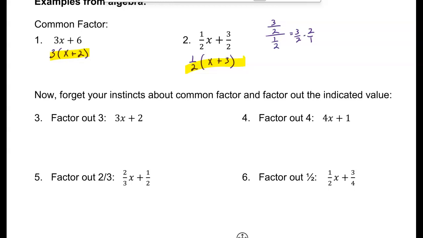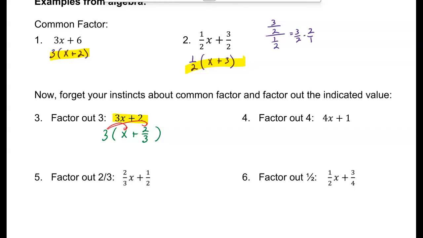What if, out of this algebraic expression of 3x plus 2, I factor out a 3? What would I have left in my quantity? X plus what? How do I know if I'm right? Can't we just distribute it real quick and see if it gets right back to where we want it?